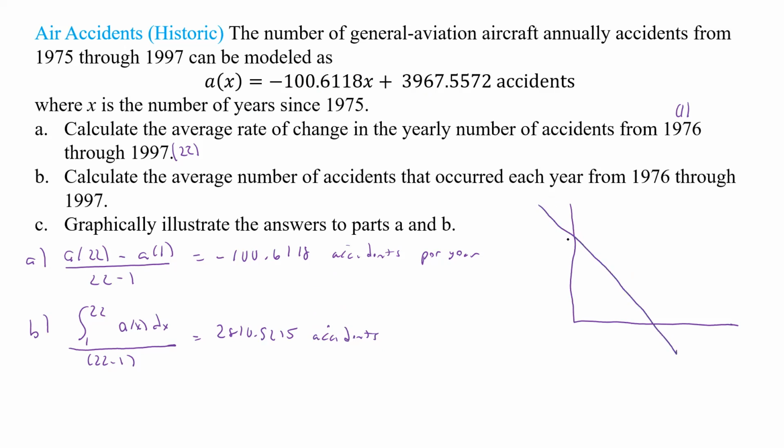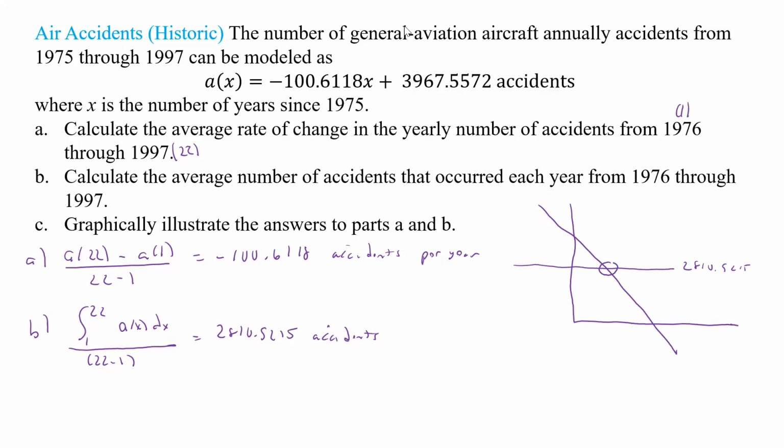I don't know what 0 would be, but it's going to be 3967.5572. I'm not going to plug in and solve for 0 there. And then we're going to have something at 2810.5215. So that place there is going to be kind of our intersection, okay?